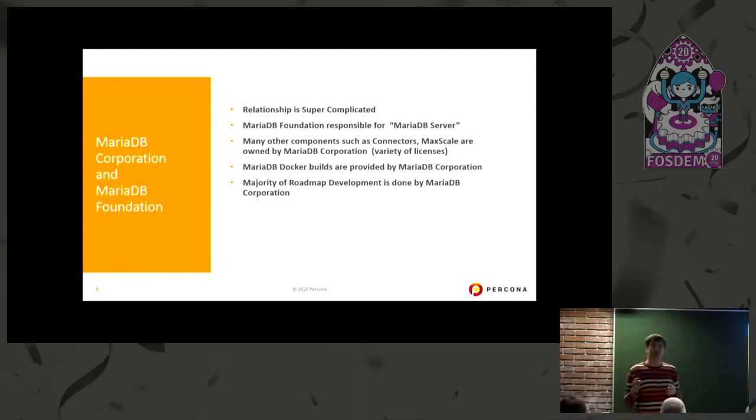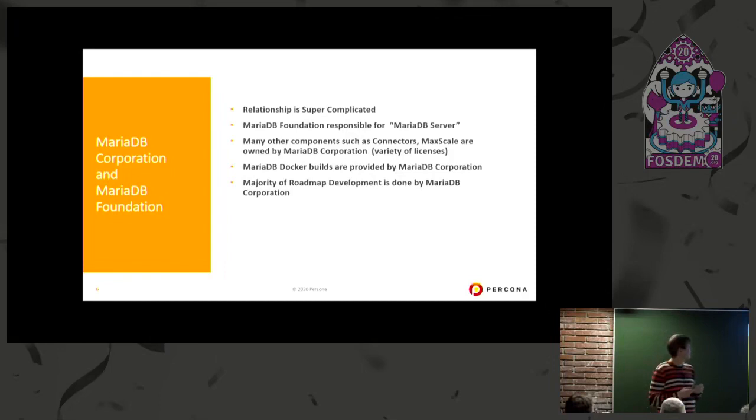So why that is important is if you are looking at MariaDB from an insurance standpoint, you need to understand what is provided by the MariaDB Foundation versus not, because if MariaDB Corporation is bought by Oracle or another company, you want to know what will remain.